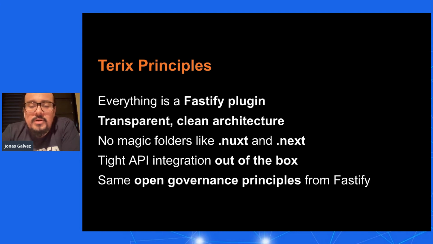The actual source code that you have is loaded into this hidden app that is put into a hidden folder like .nuxt or .next. So there's a lot of magic going on, and I think we can do without it.